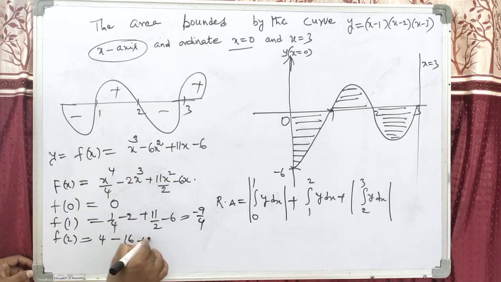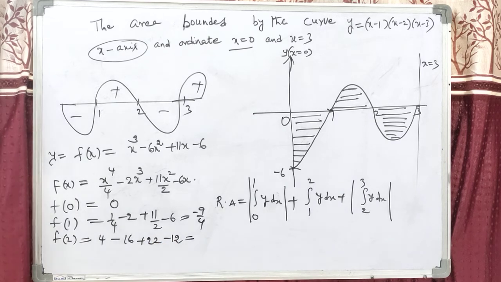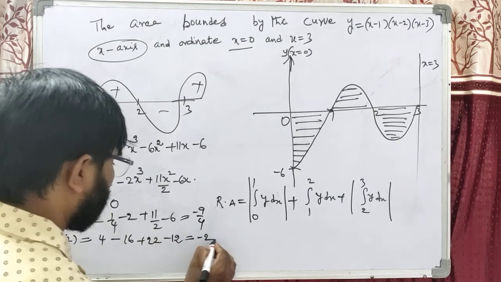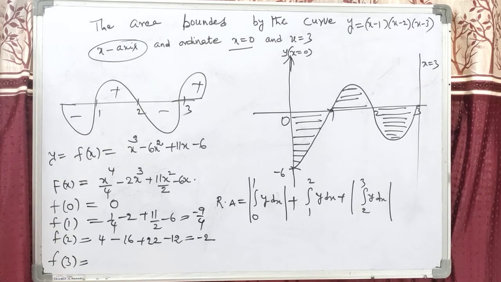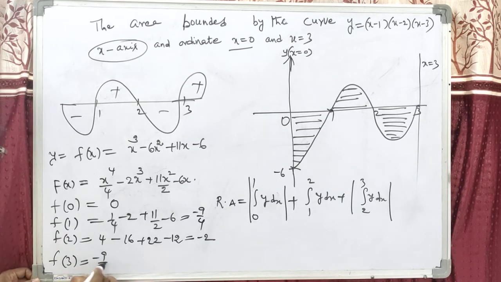This is 22 minus 12. Dear students, the value of f of 2 is minus 2. After that, f of 3: the f of 3 we got is minus 9 by 4.